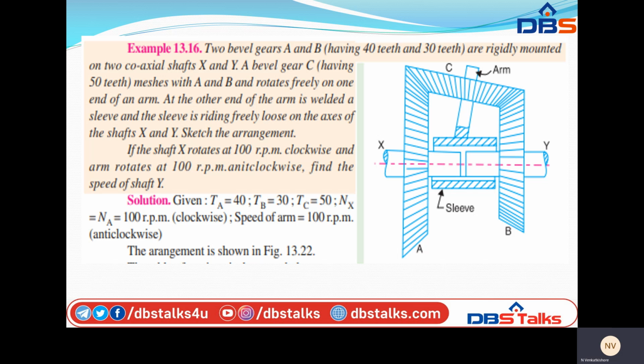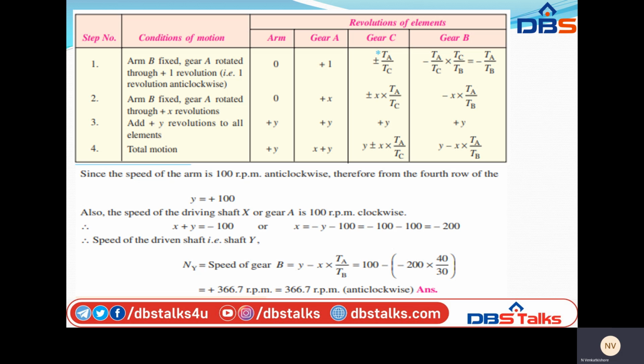So coming to the table framing, how many are there? The arm is there, gear A is there, gear B is there, and gear C: three gears and one arm. So let us find the basic one. Arm B is fixed. Here we are fixing the arm.